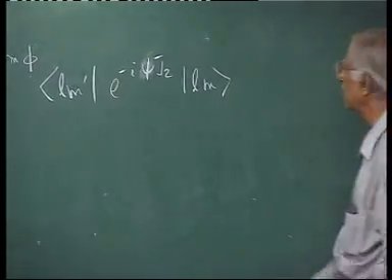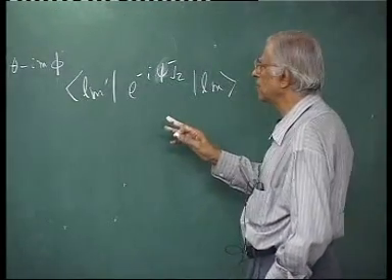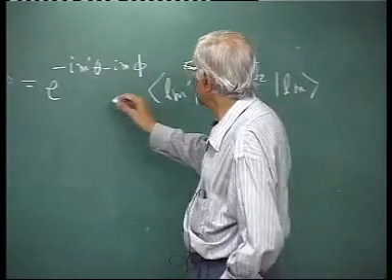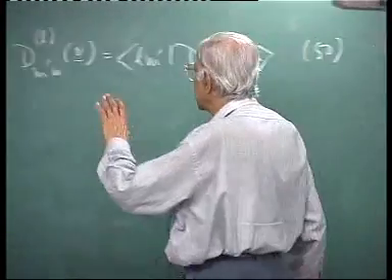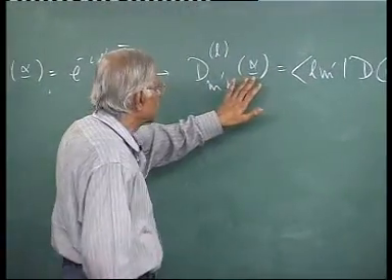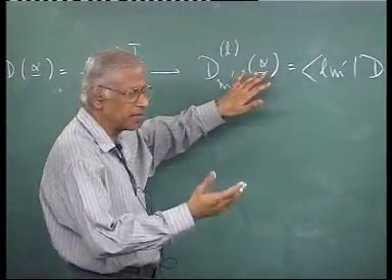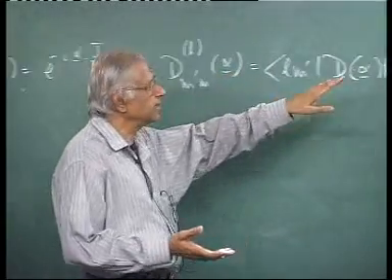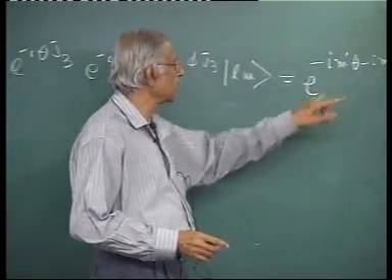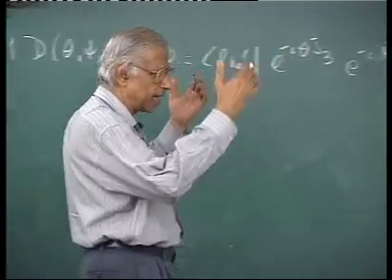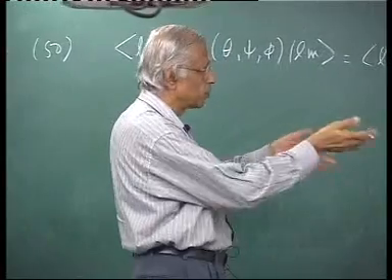Now, you can see that the convenience of this Euler angle description is that the D matrices, which are actually functions of three independent real parameters on the group, simplify drastically. The dependence on the two Euler angles at the left and right hand end is trivial, it can be pulled out.